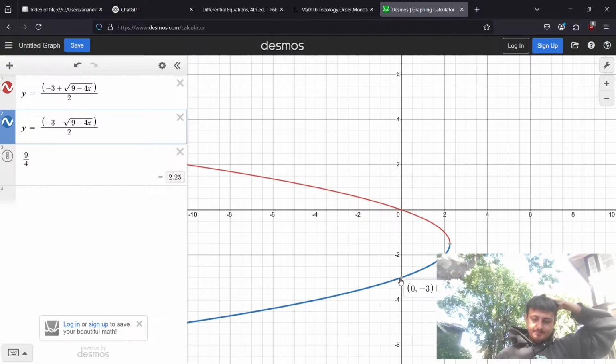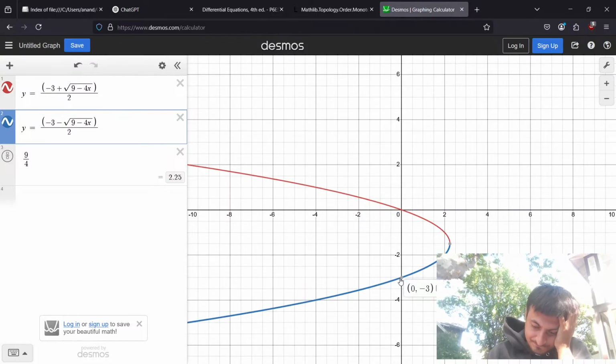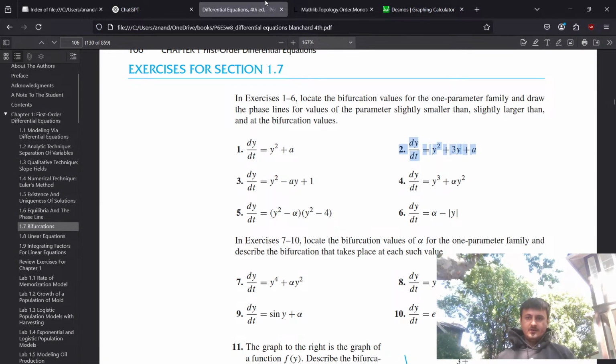So okay, great. So 3 is done. Or 2 is done.